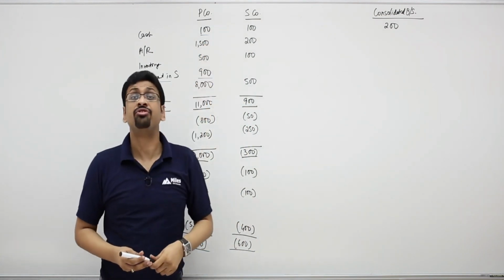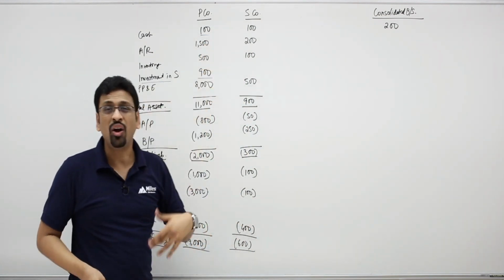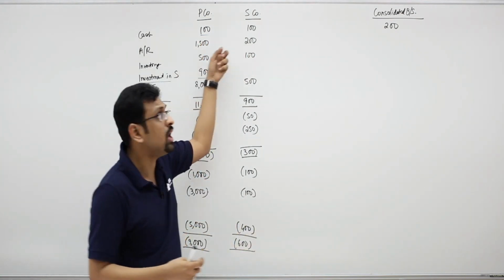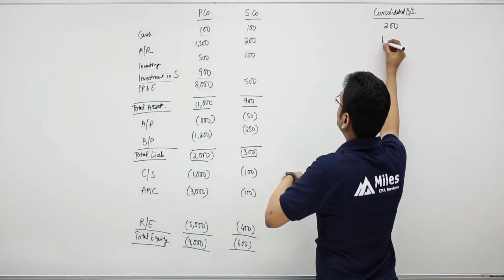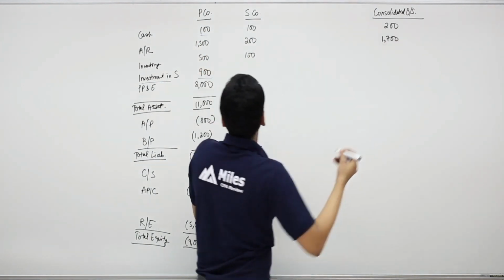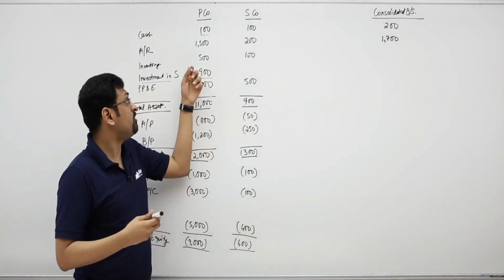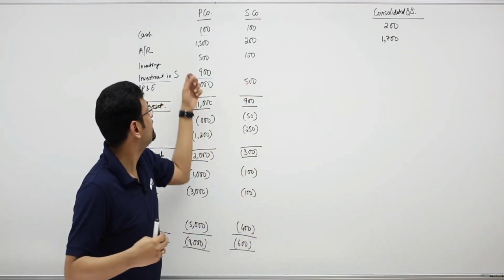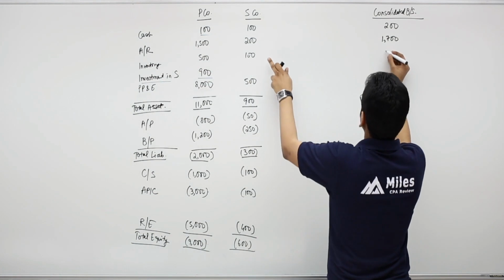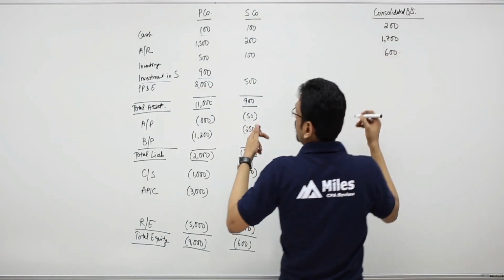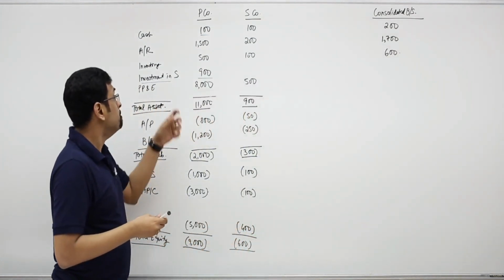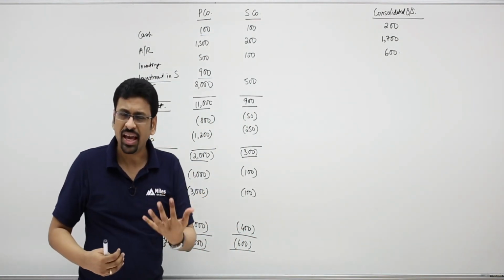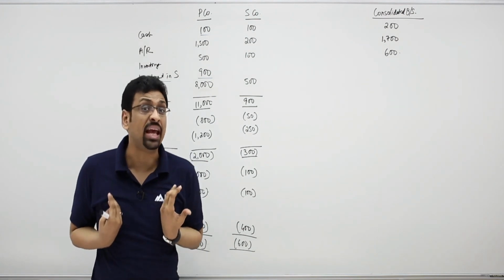My receivables $1,500, your receivables $200, our receivables $1,700. Inventory? My inventory $500, your inventory $100, our inventory $600. Investment. My investment in you. Now you are a part of me. Guys, can I have an investment in myself?